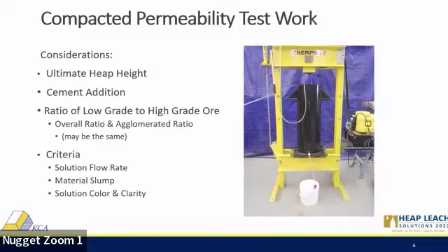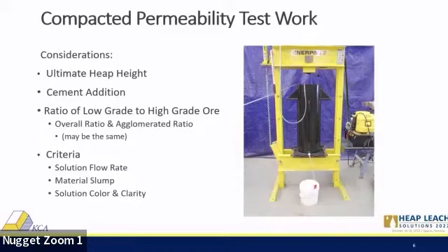So the considerations for that include what your heap height is going to be, what your blend of low grade ore to high grade ore is, and how much cement you need to apply in order to achieve stable agglomerates. In a typical program, we will look at multiple different cement addition ratios, and the goal is to determine the least amount you need to maintain adequate stability and safety factors.